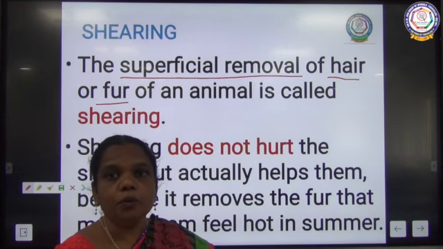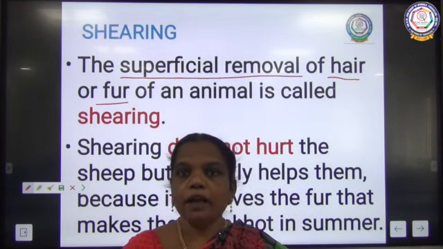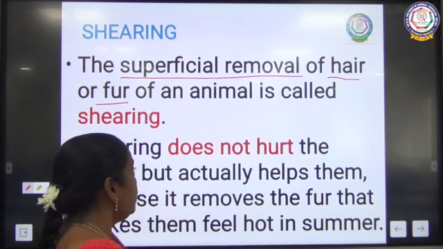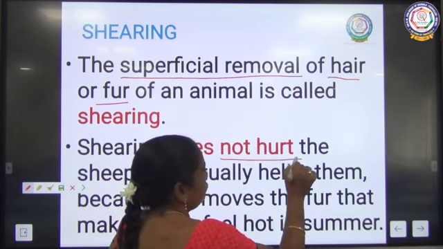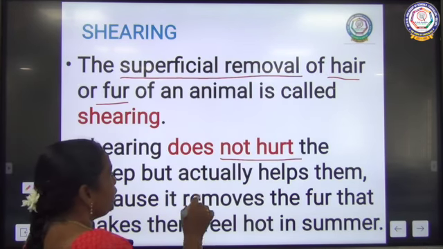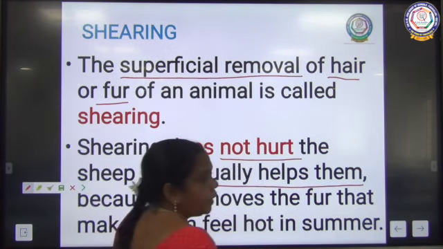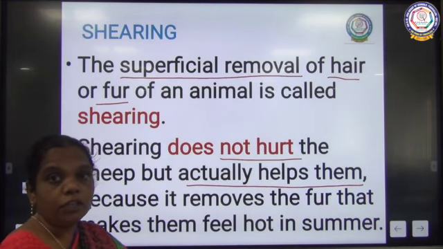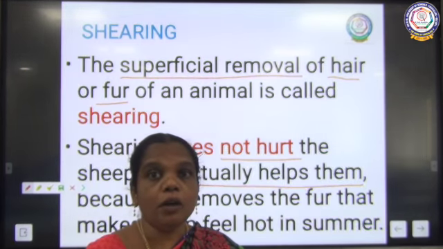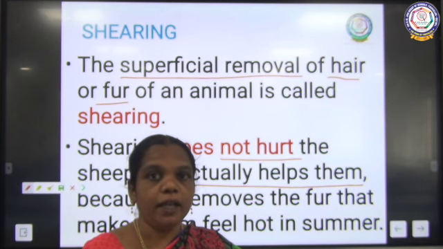So we are going to remove the hair of an animal. While removing, it won't hurt the animal. Actually it helps them. You may think that while we are removing the fur, it may hurt or cause pain to the animal.